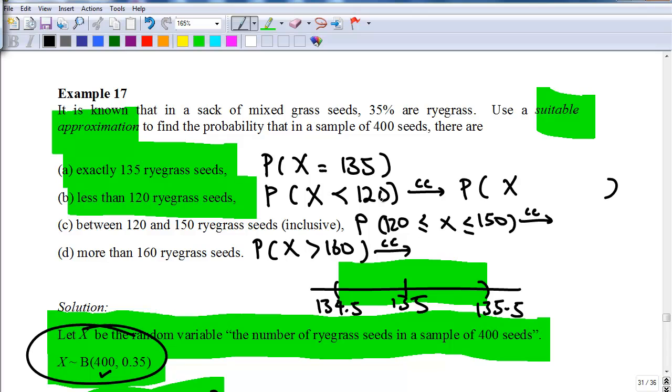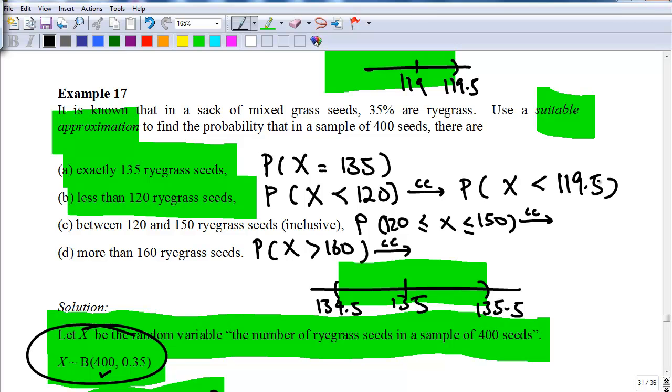I need numbers that are less than 119. So if you want, you can draw an interval. 119 is here. I will have all numbers less than 119.5. So this becomes 119.5 over here.